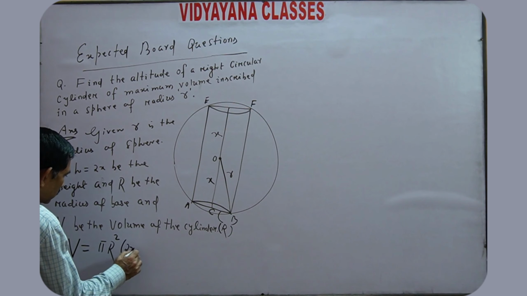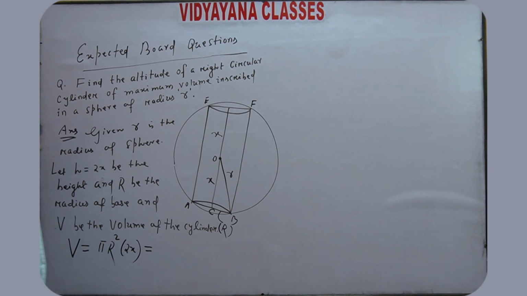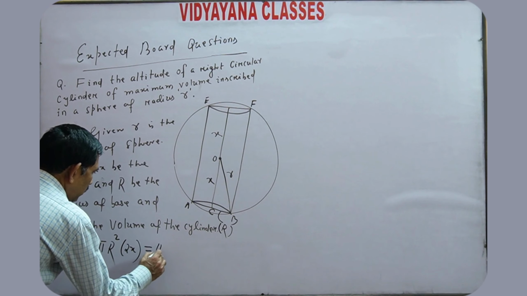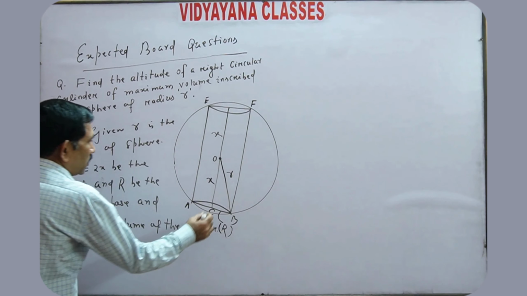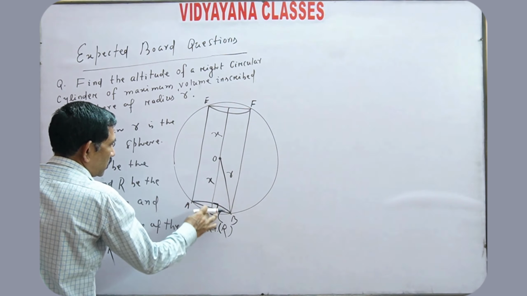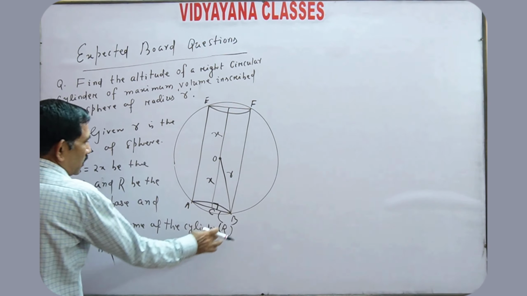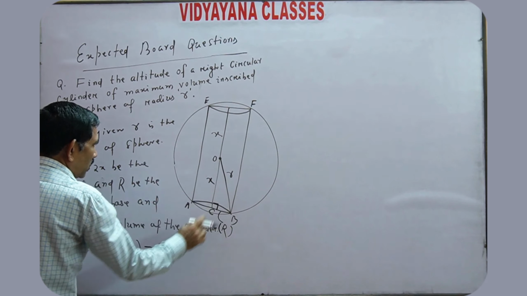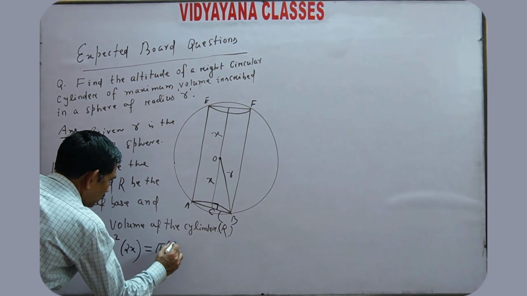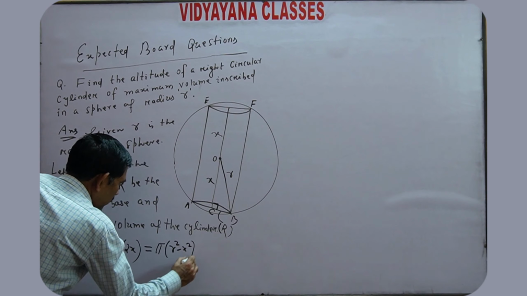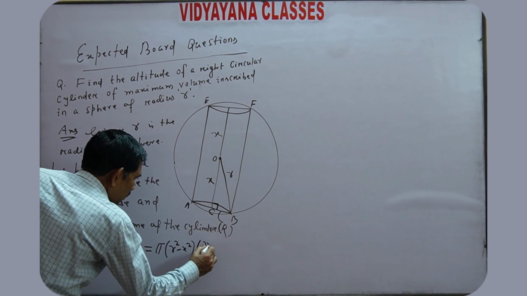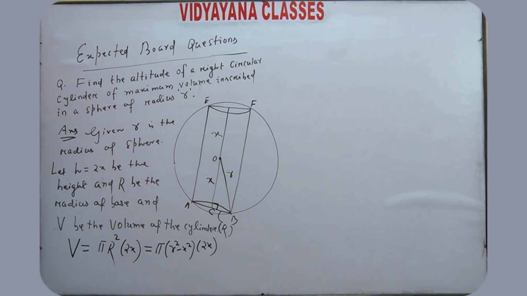That is 2x. OCB is a right angle triangle. Capital R square is equal to small r square plus x square, so r square is R square minus x square. Clear?